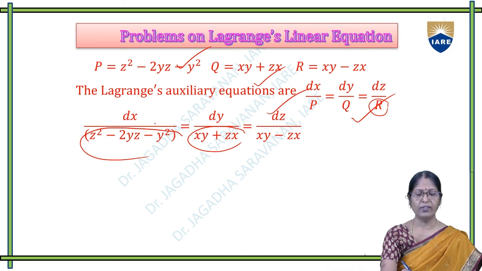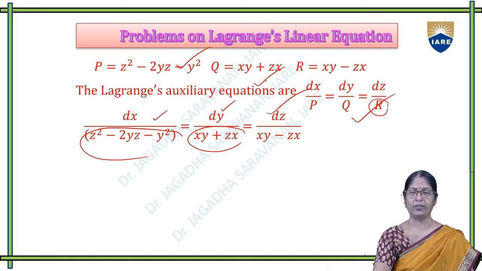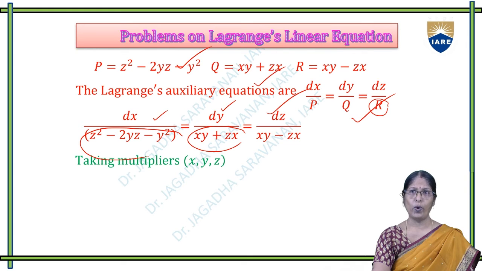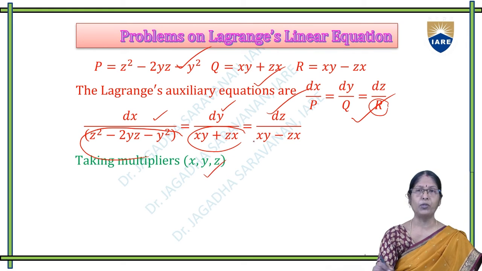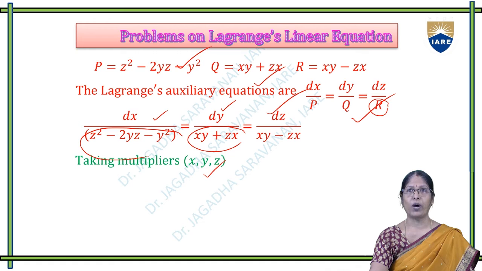Now we obtained three members. Among the three members, we have to do the simplifications and obtain the results, for which we have taken the multipliers x, y, z.